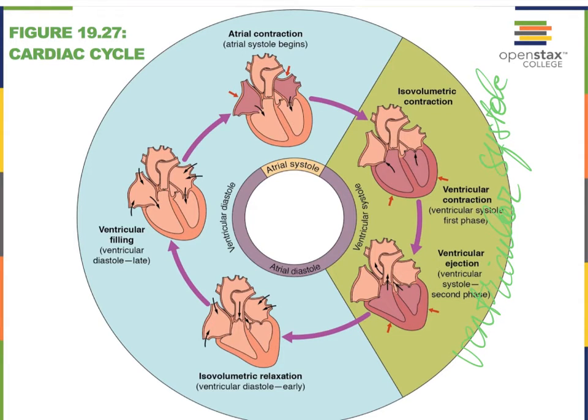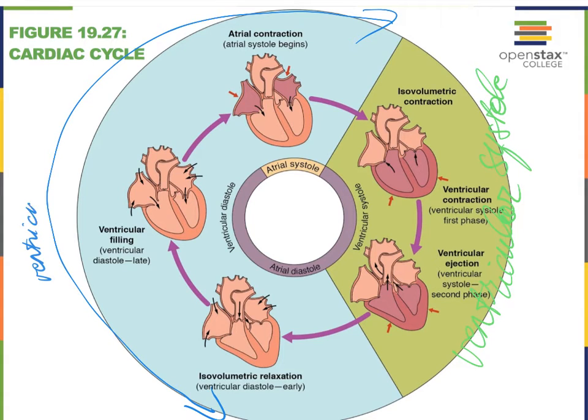All of that green. On the other hand, everything in the blue, all of this represents, as it shows here, ventricular diastole. So all of the light blue color represents ventricular diastole.